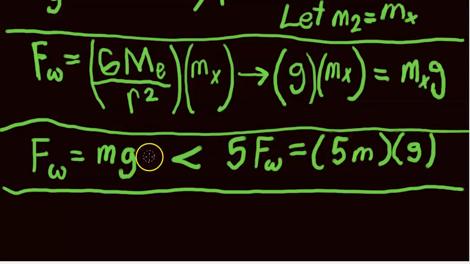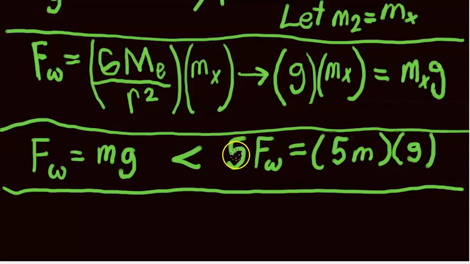Look at what happens with these equations. The g term here and here don't change. But if we take the mass and make it 5 times larger as was done here, then the gravitational force of attraction on this object that is 5 times more massive is going to be 5 times greater.